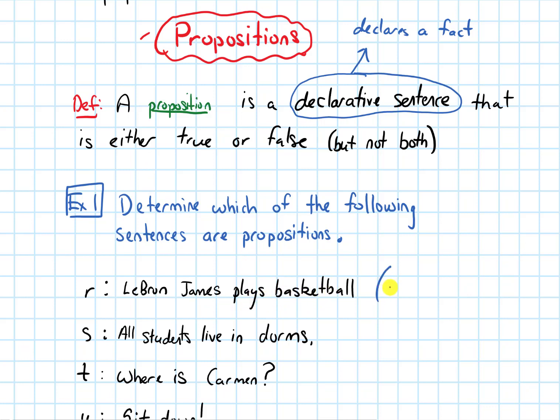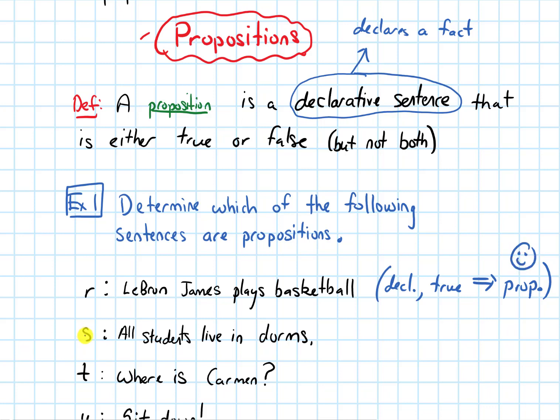So it is declarative, and this sentence happens to be true because LeBron James does play basketball. He's a famous basketball player. So that makes this a proposition. I'll put a smiley face, so we're happy about that.